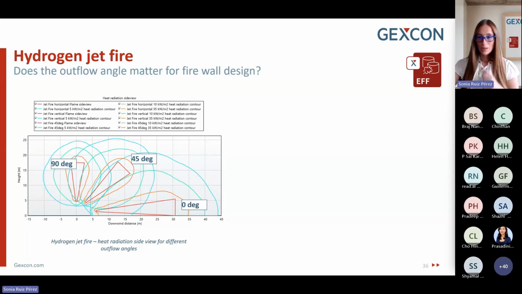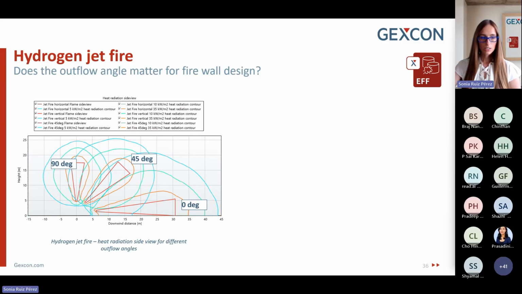We can also examine how the outflow angle of a hydrogen release affects the size and intensity of the resulting jet fire. By changing the angle at which hydrogen is released, the fire's size and heat radiation pattern change significantly.